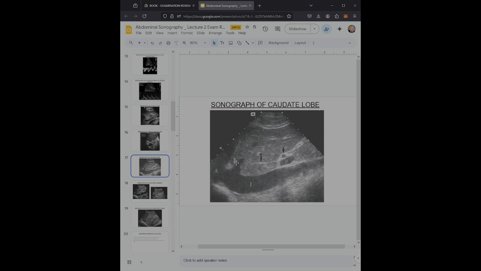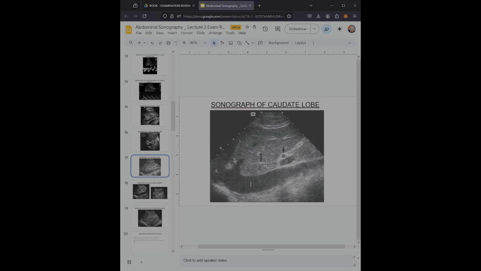We refer to this as the ligamentum venosum. Here is our ligamentum venosum, and this is the IVC, that hyperechoic line over there.